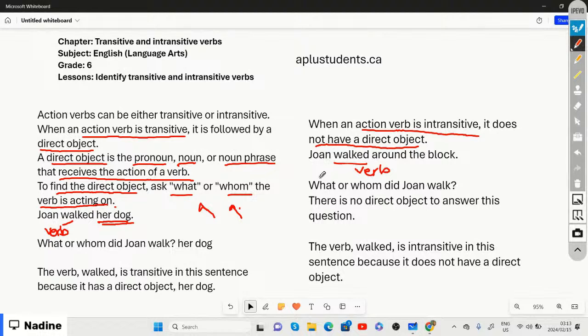So if you have a direct object, then it's called a transitive verb. A transitive verb is when an action is followed by a direct object. And a direct object, we said, is either a pronoun, a noun, or a noun phrase that is receiving the action of the verb.